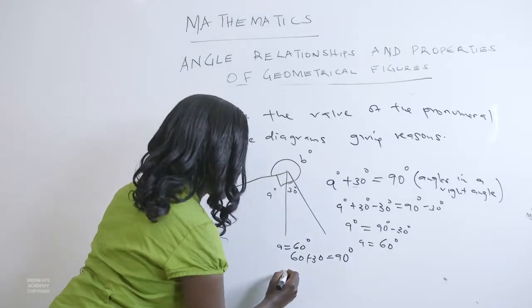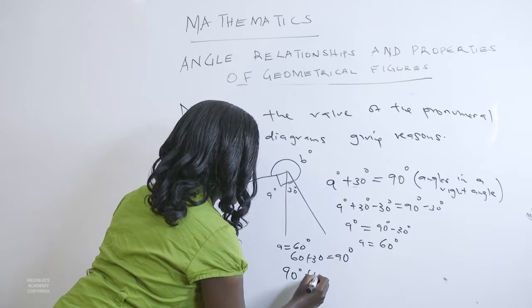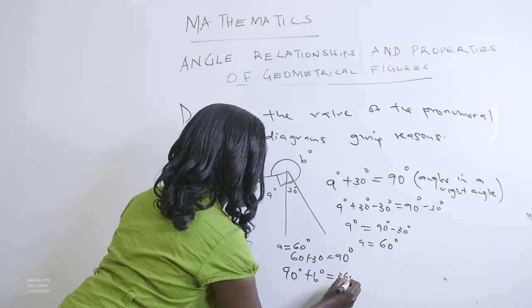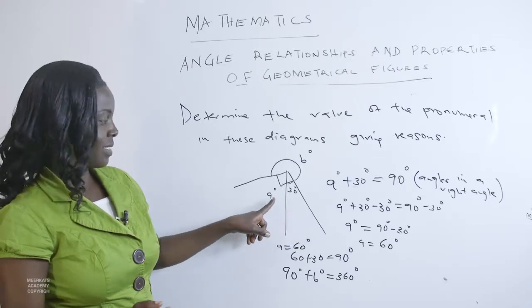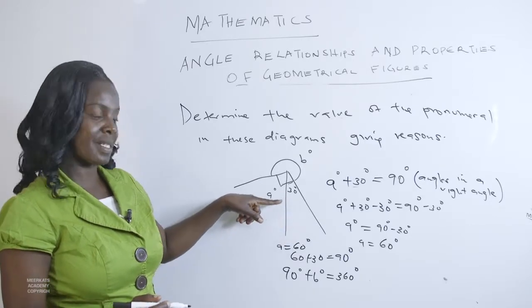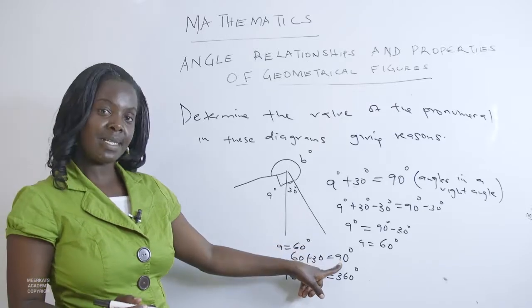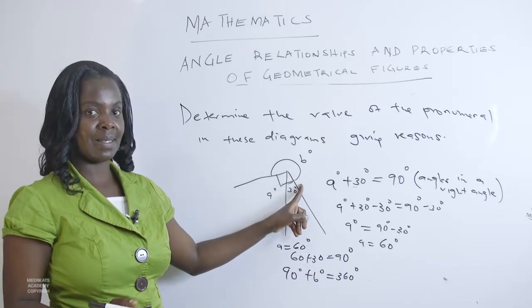So we will say this is already found. This is 60 plus 30, then that makes 90. So we say 90 plus B.